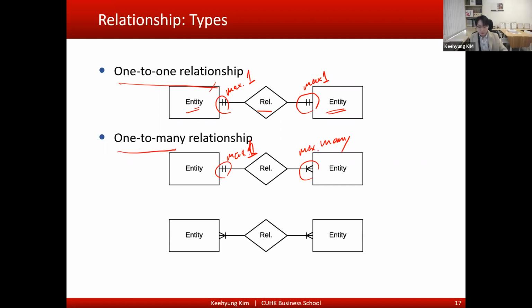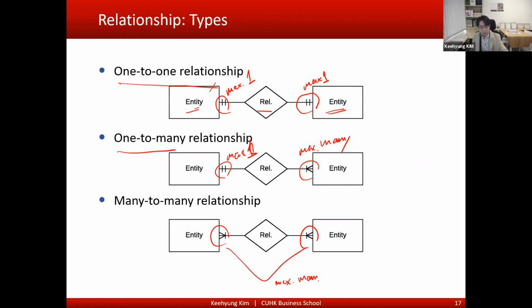I'll give you more examples later, but these are some concepts that we may have. And in this case, on both sides of the relationship, the maximum cardinality is many, so we call this a many-to-many relationship. So based on the degree of the relationship and the cardinality, we are able to determine the relationship type like this.